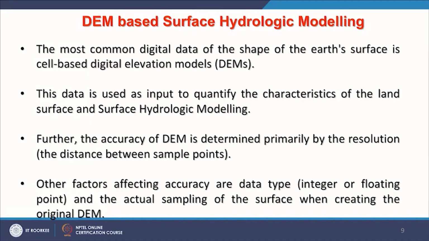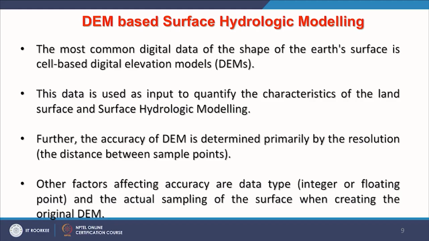Now, other factors which will affect our accuracy are whether your input digital elevation model, because it is a grid, has cell values as integer or floating point. Floating point, since it has high precision, means the accuracy of your output is going to be very high.